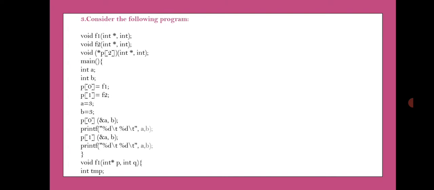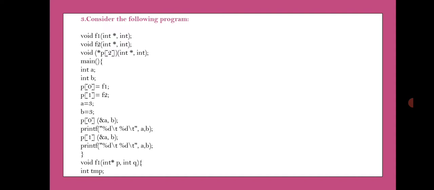Let's consider the next program. We have two functions f1, f2 taking an integer pointer and int as arguments, and a third function, void in braces pointer p of 2, taking integer pointer and int as arguments.